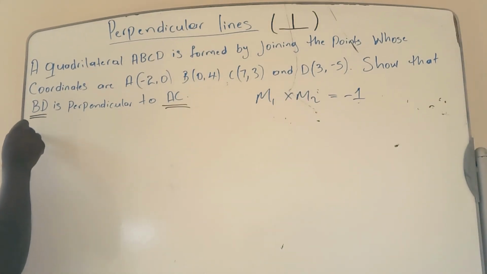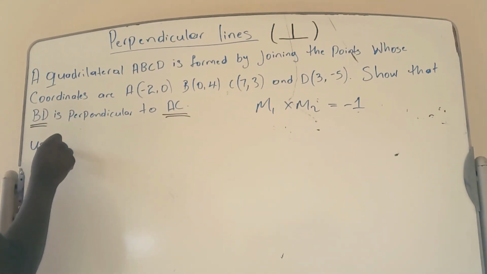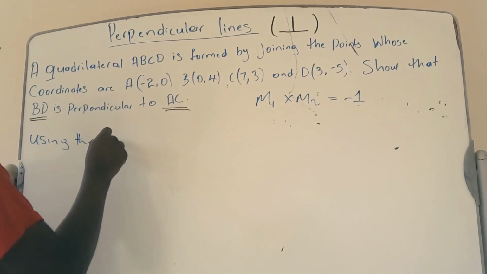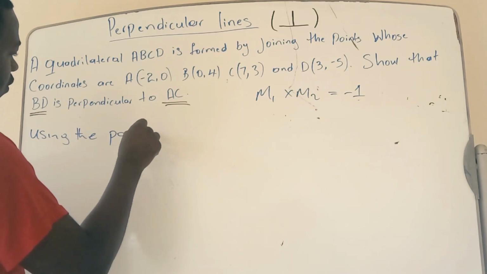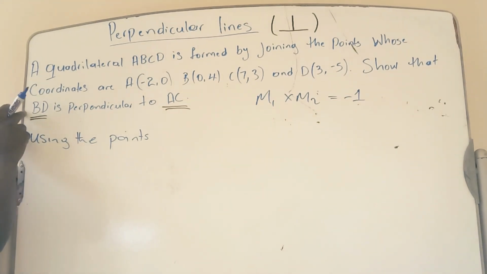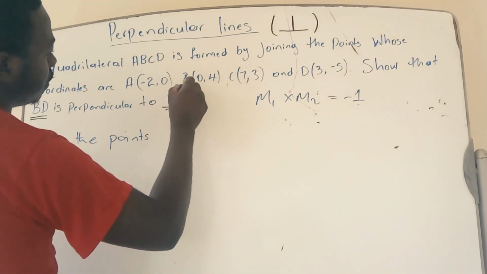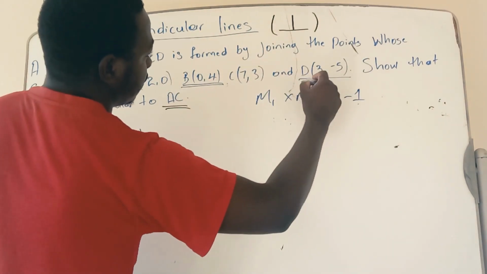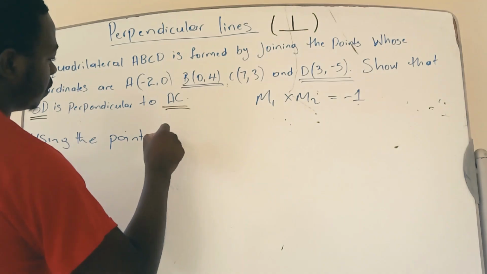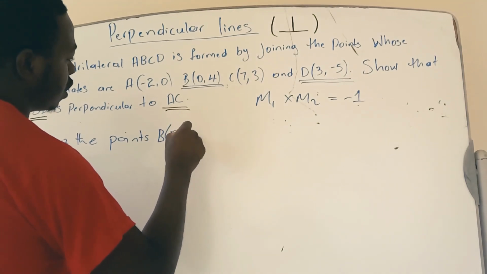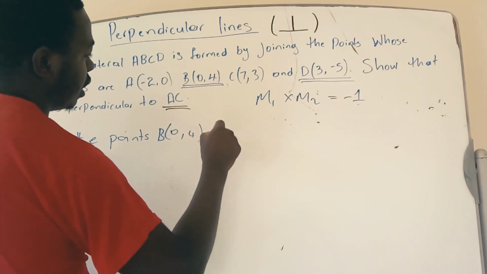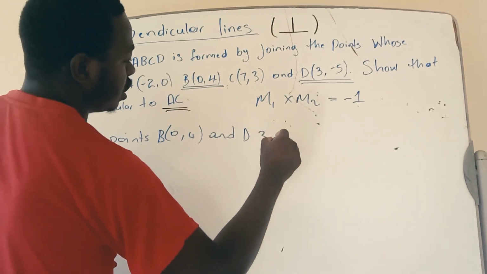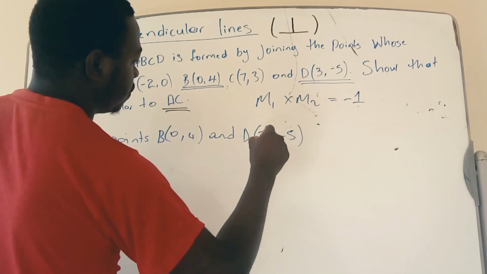So using the points, we're talking about BD here, so that means we have to use the point B and the point D. So I have to use those points, B(0, 4) and D(3, -5).